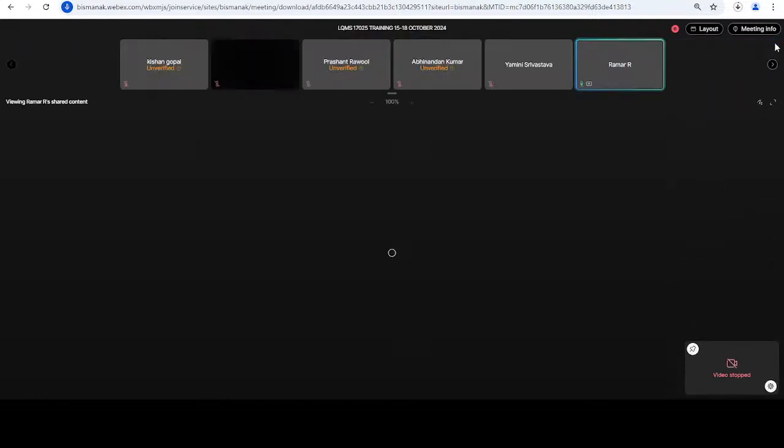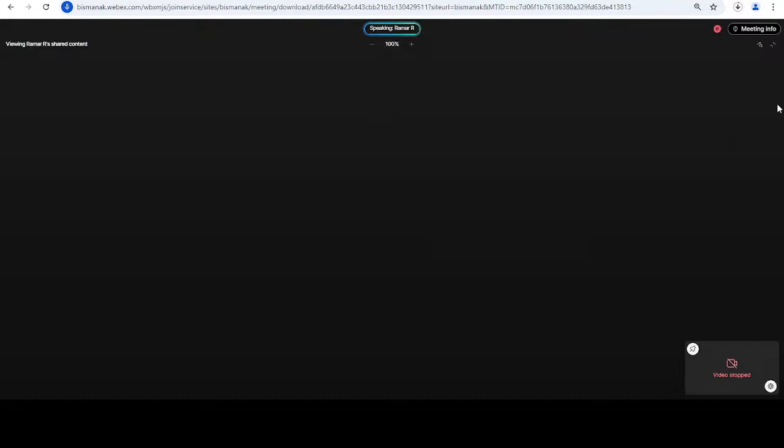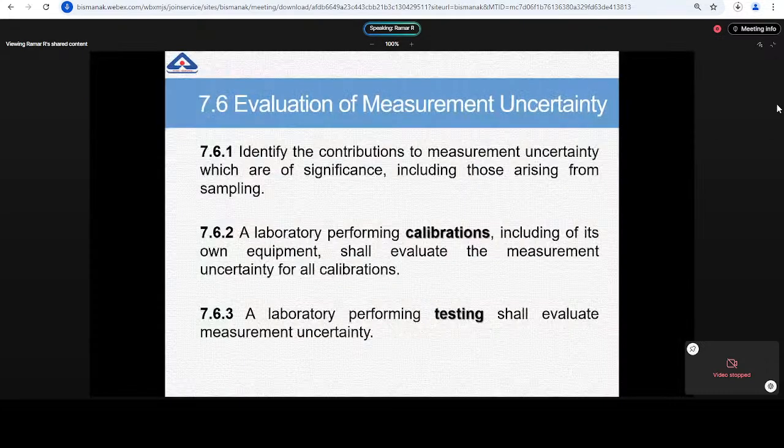So because of the variation in the impact of the different sources, you will get different results when we are repeating the test. It is not altogether different result, slightly different result. So that variation we call the uncertainty, and it is in the measurement. Uncertainty in the measurement that we have to evaluate. So mostly for any testing or calibration activities.